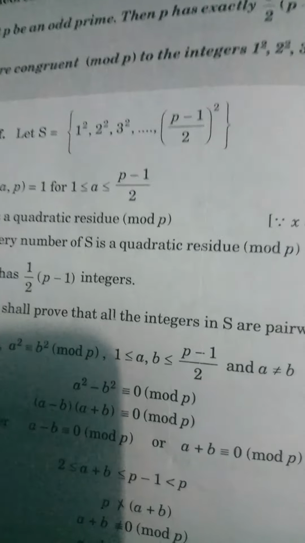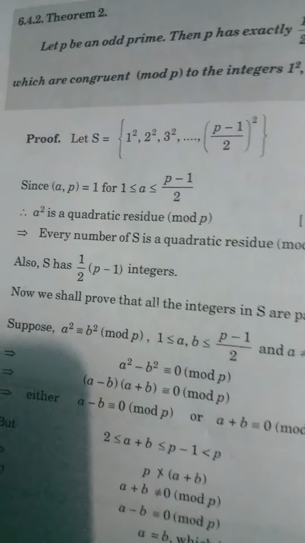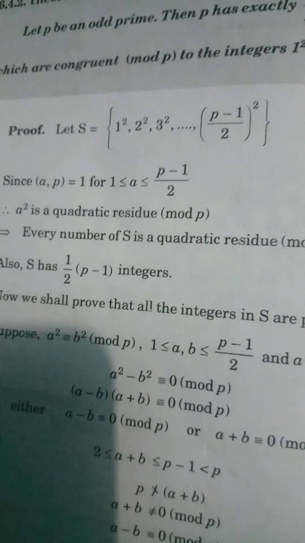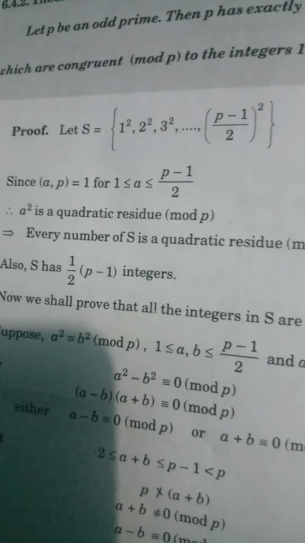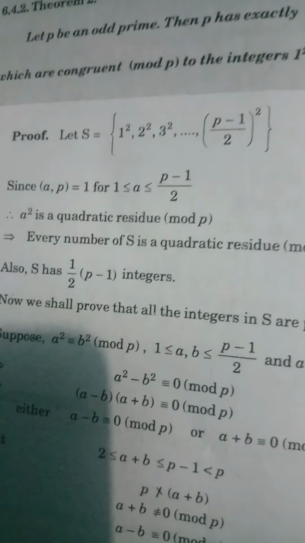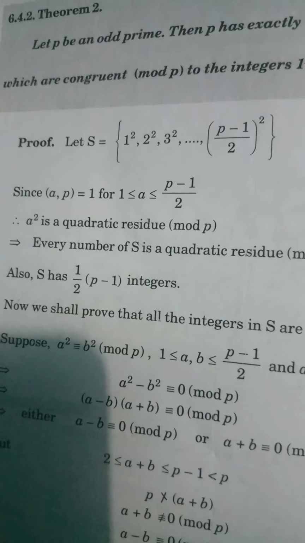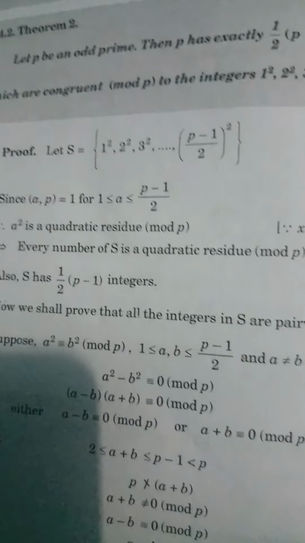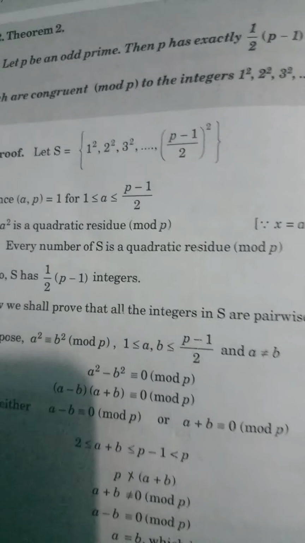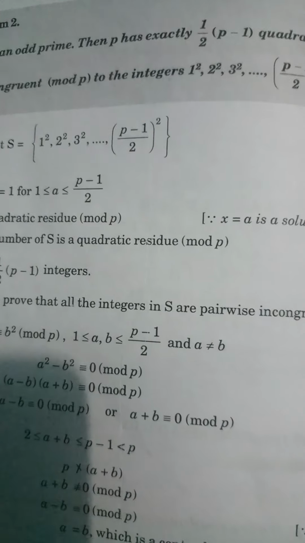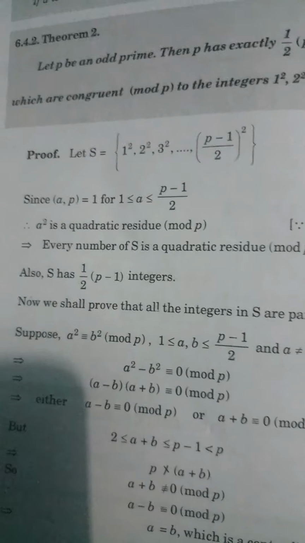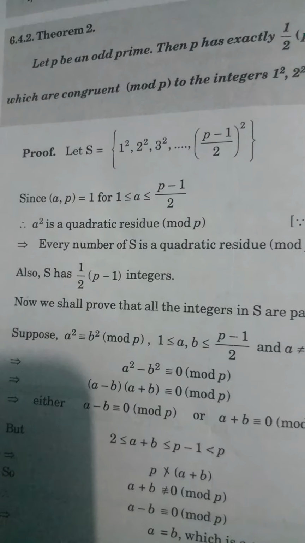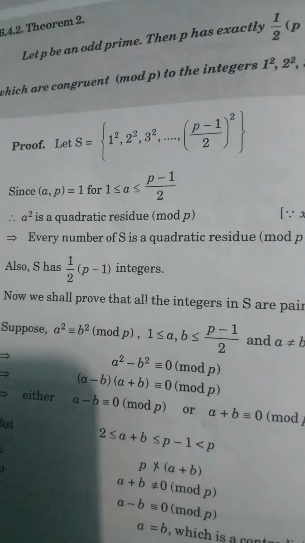Every number of S is a quadratic residue mod P. Implies every number of S जो है ना, ये A कहाँ लाई करता है, इसके बीच में 1 less than equal to A less than equal to P minus 1 by 2. Every number of S is a quadratic residue mod P. Also S has P minus 1 by 2 integers.